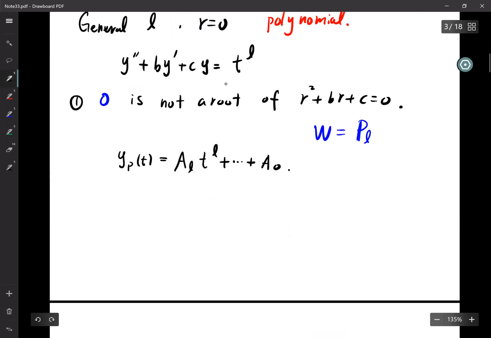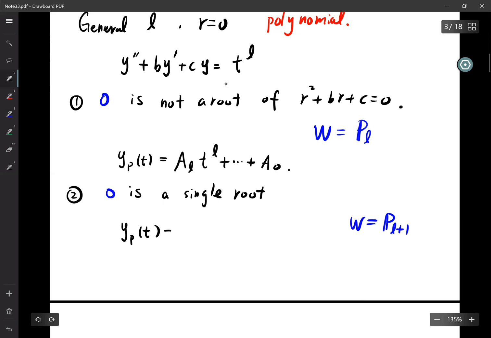But if 0 is a single root, then we expect that this W should be P_{L+1}.